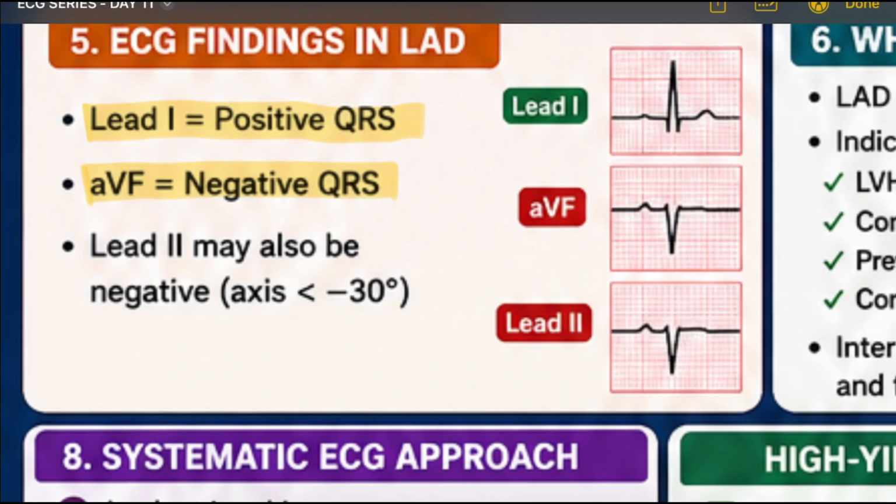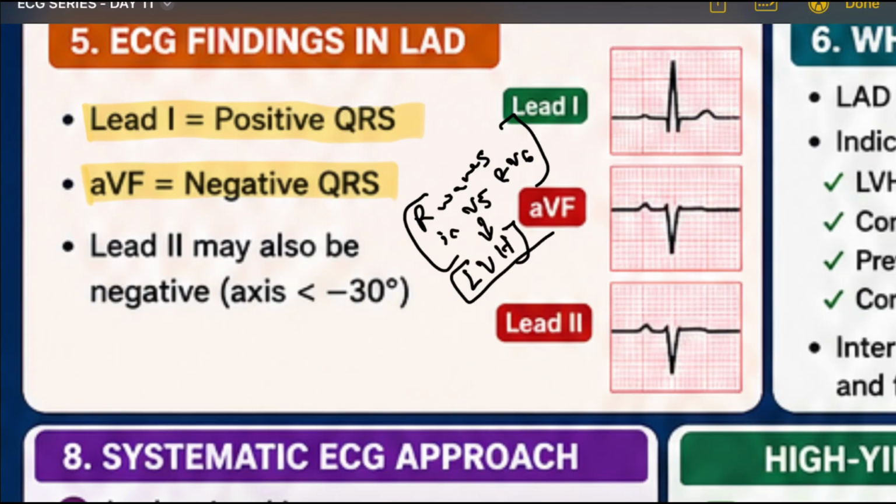Okay, so if the R wave in V5 and V6 is large, then we suspect left ventricular hypertrophy, that too more than or equal to 35 millimeters. So that is what we call left ventricular hypertrophy with left axis.